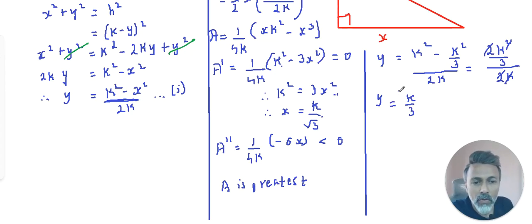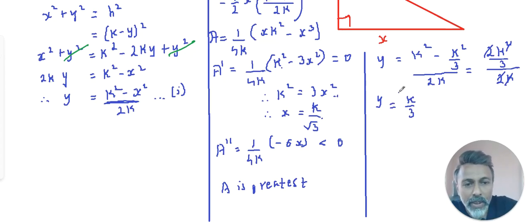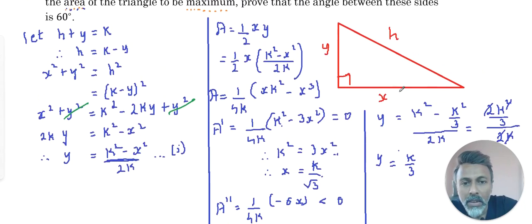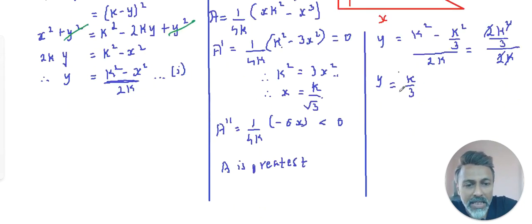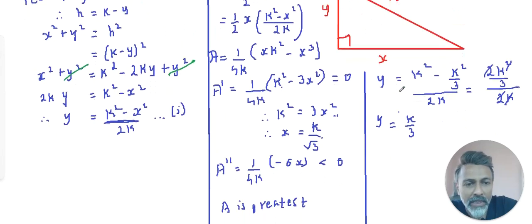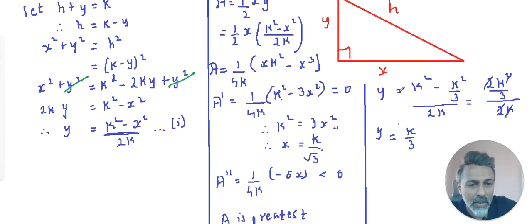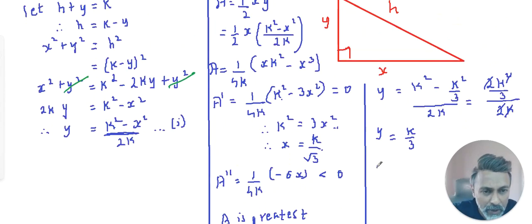We want to prove that the angle between the sides is 60 degree. So even if we get 30, we can show the other angle is 60. Let's say we do tan theta. Let's say theta is this angle, and take whichever way you like.